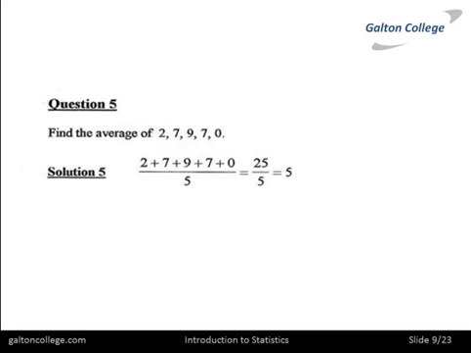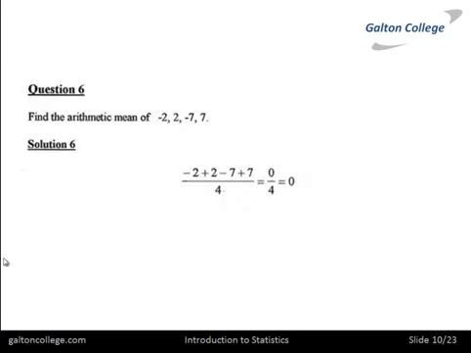Find the average of that. 5 numbers, divide by 5, it's equal to 5. This one here has got minus signs, so you've got 4 of them. So you've got that, plus minus 7, plus 7.